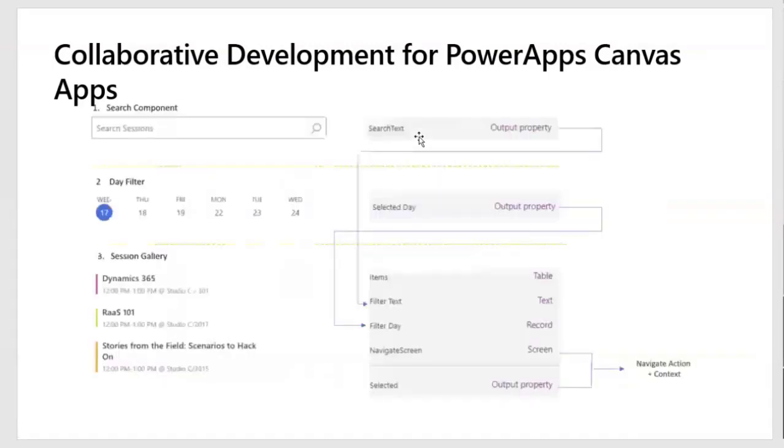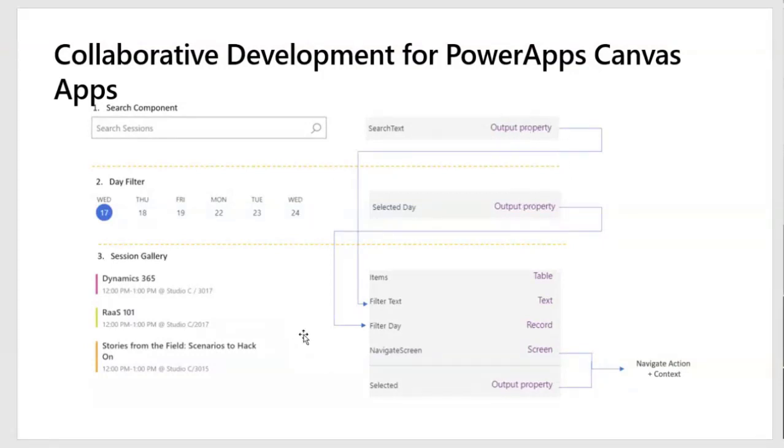So again, here was just an example of a conference app that used the same idea of components and was built in such a way that specific users or creators were able to focus on specific components. Here you have the search component, the day filter component. Those have specific outputs.